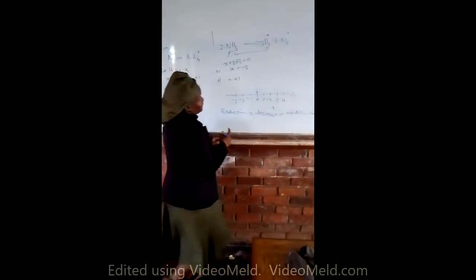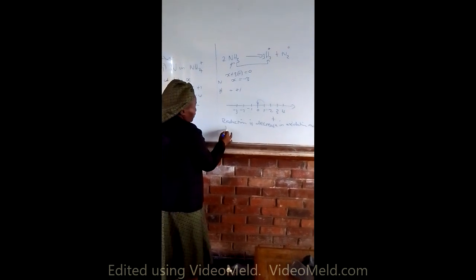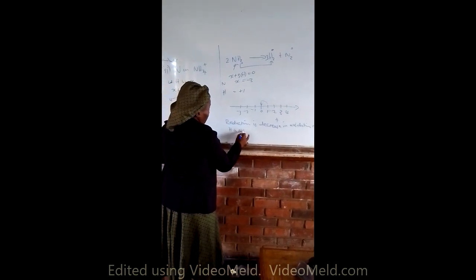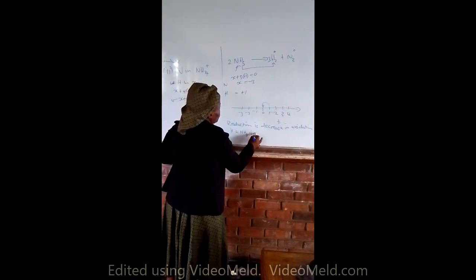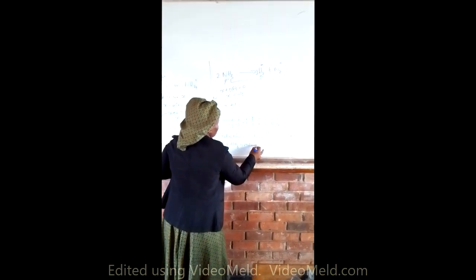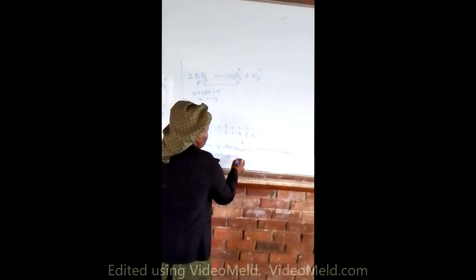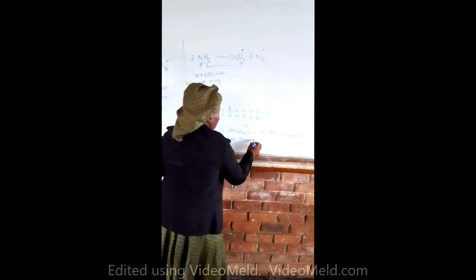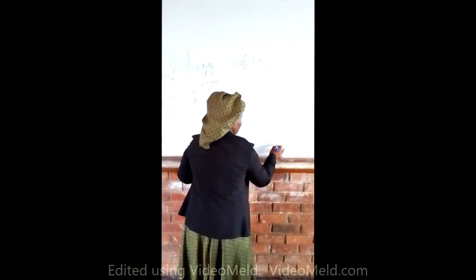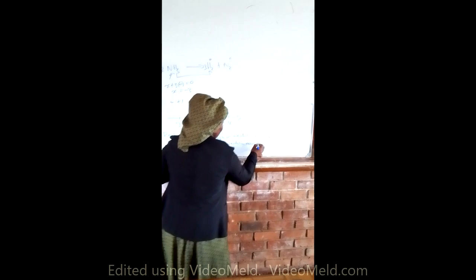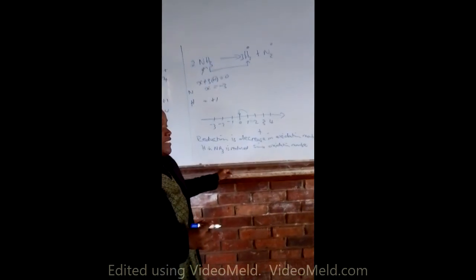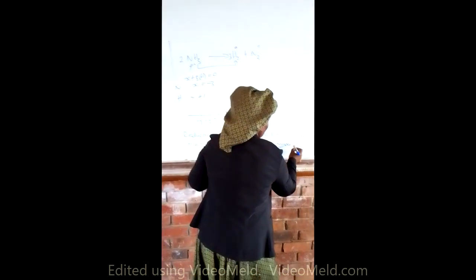In our example, hydrogen in ammonia is reduced, since the oxidation number is decreasing.